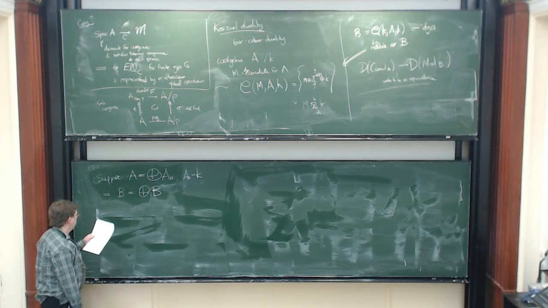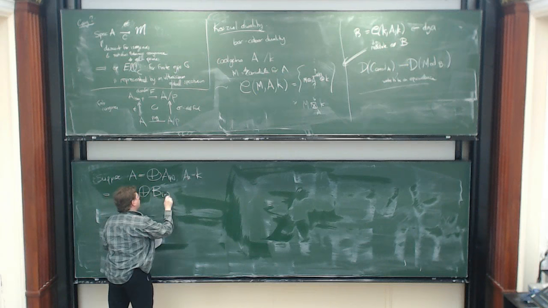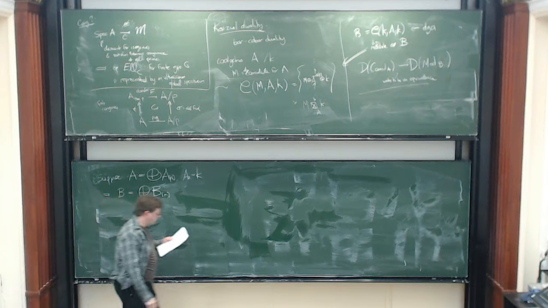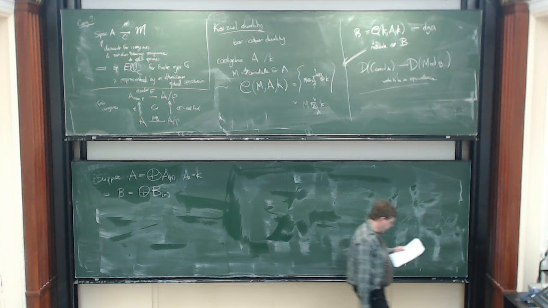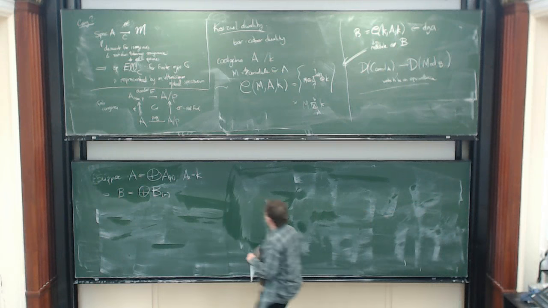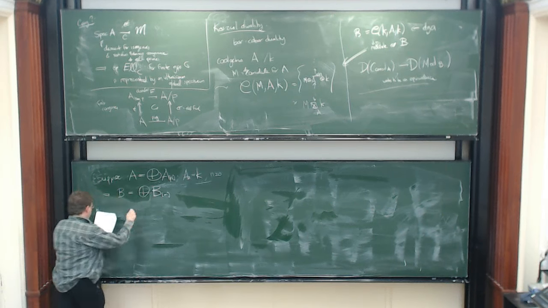I'm going to put brackets on these gradings just so they're not confused with some different kind of indexing that might be around. So I'll use brackets for the grading here. Let's assume it's positively graded. It's connected. And then B has the same thing.